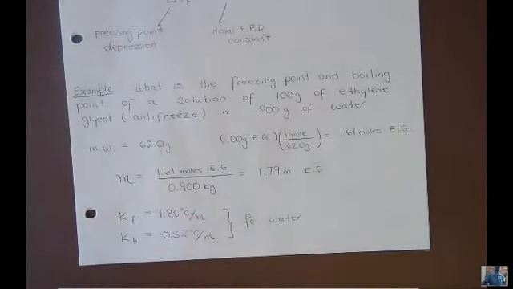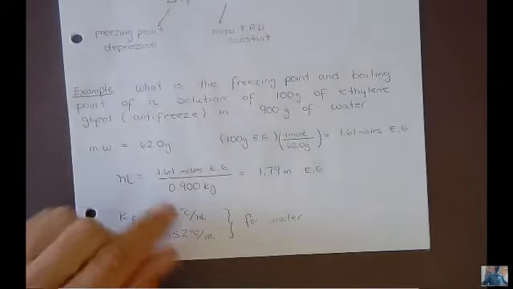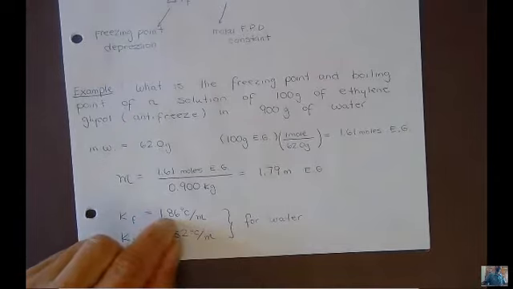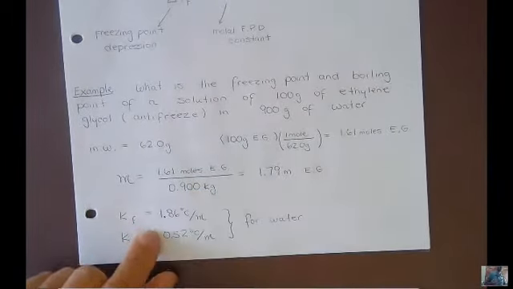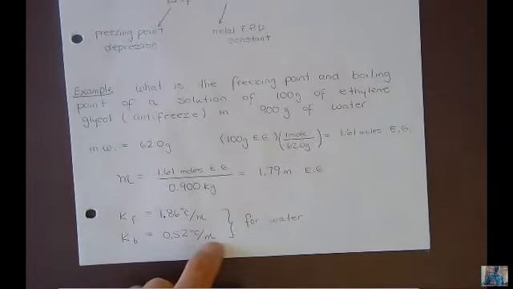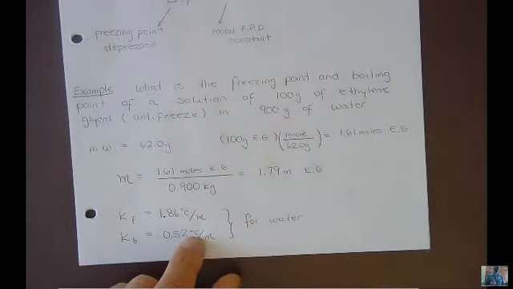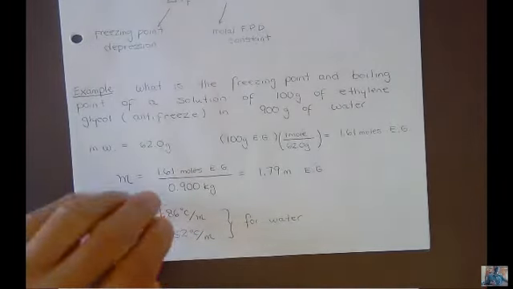So every molal of junk that I add to solution, my freezing point gets depressed by about 2 degrees. So instead of being 0, it's going to be around -2. Okay, all right. How about boiling point? It's less affected. For each 1 molal that I add, I go up about 1/2 degree. So if I have a 1 molal solution, my expectation is it's going to be about 100.5 instead of 100.